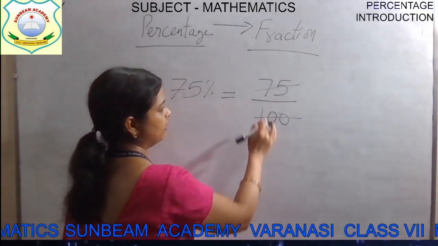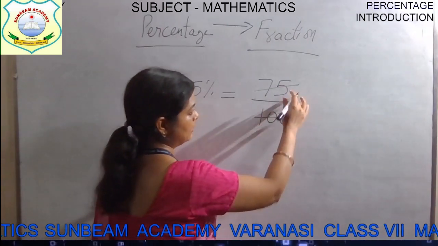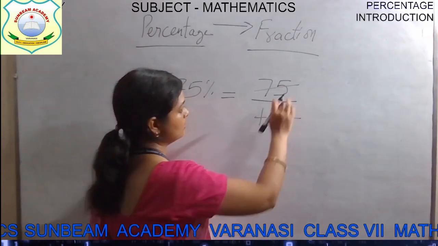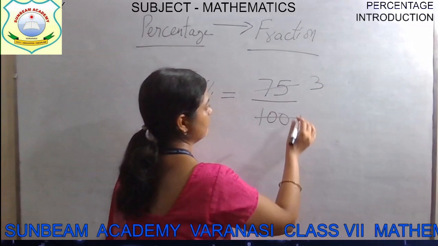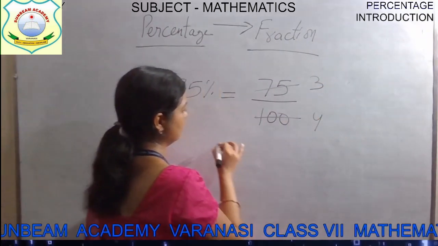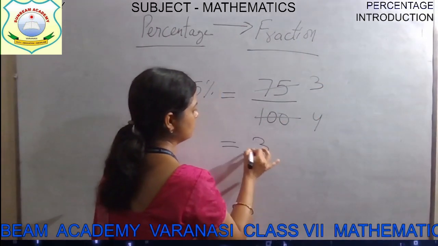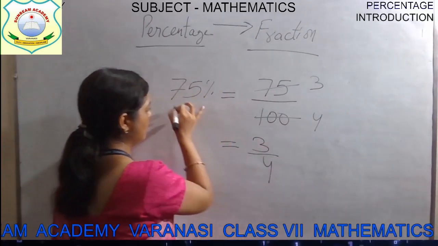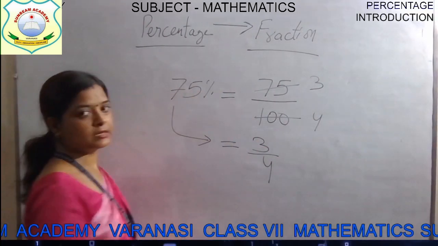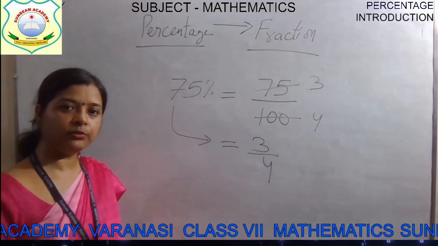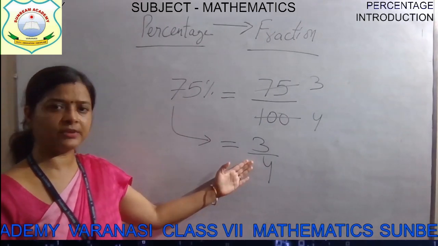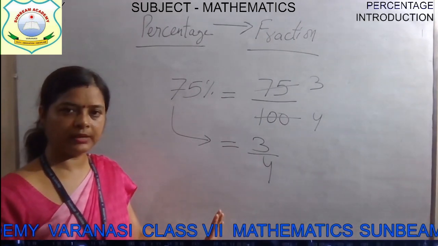Now 75 by 100. So by 25 I am going to divide it. 25 3s are 75 and 25 4s are 100. So it is 3/4. Our percentage is now converted into fraction, and it is the simplest fraction. Further we can't simplify it.